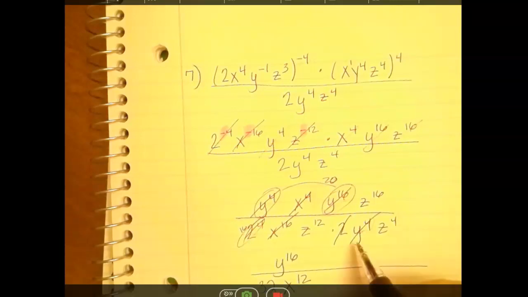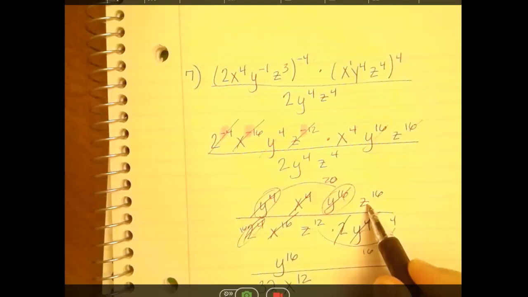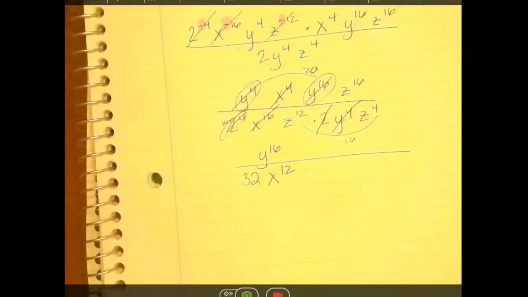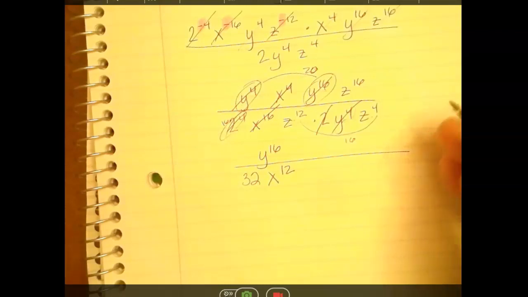Okay, there's 16 Z's on the bottom and 16 Z's on the top. What happens when that happens? They subtract to 0. 16 minus 16 is 0. But they also completely cancel out, making a 1, right? Are we going to write times 1 down here in the answer? No, because anything times 1 is just itself. A 1 just completely disappears in this case, right? So we got y to the 16th over 32x to the 12th, and that's the answer.